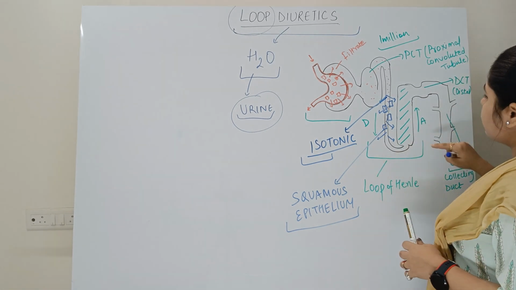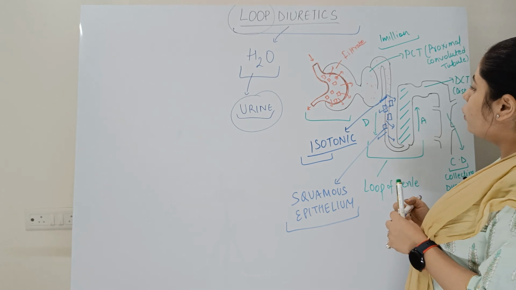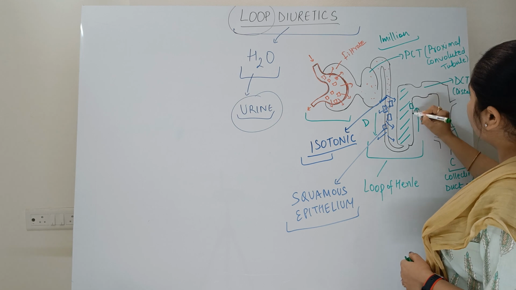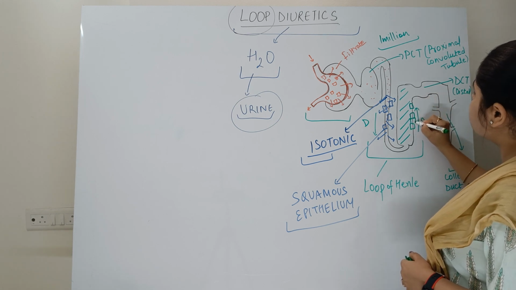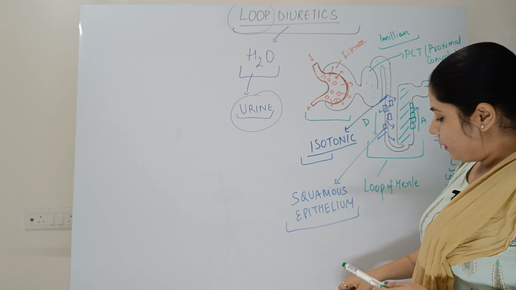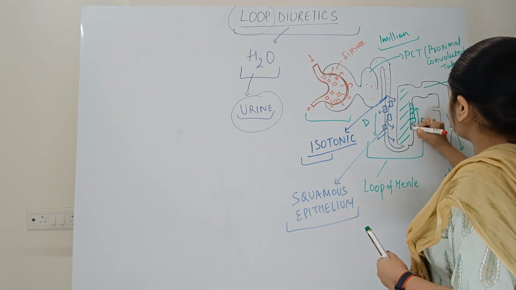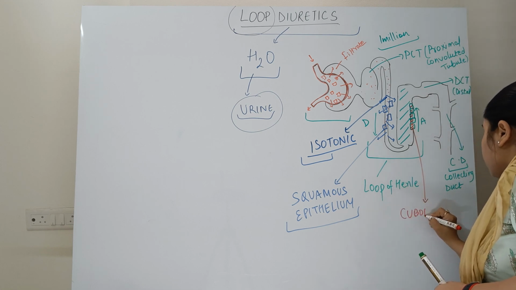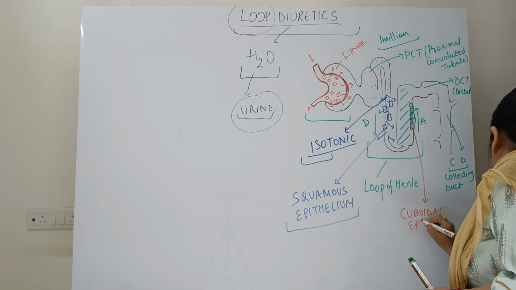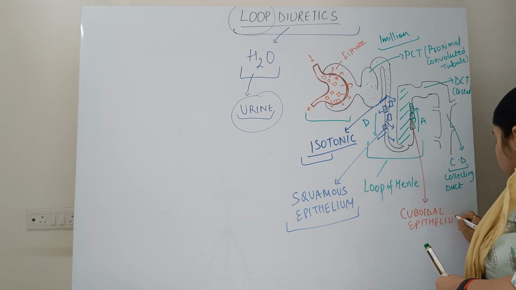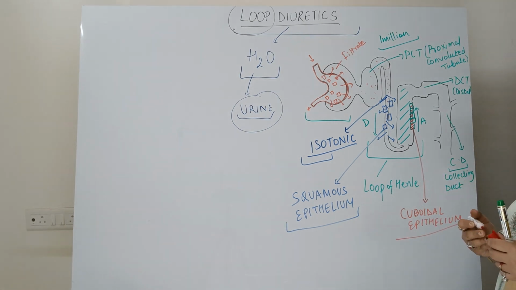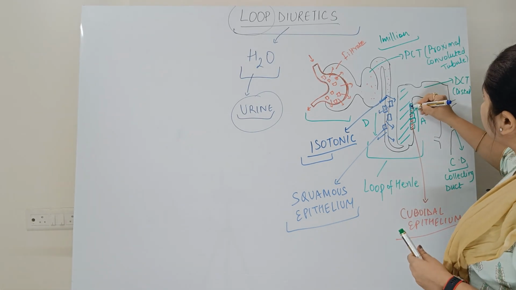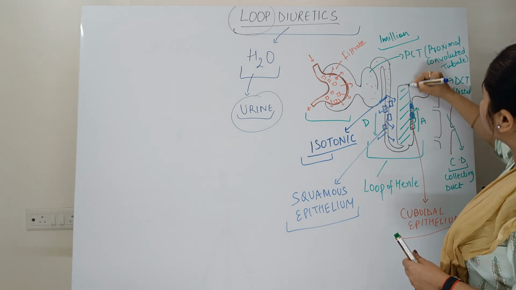And in the second region, the ascending loop of Henle, that is this thick region, what happens is that it does not allow the entry or exit of water because the cells here are very compactly present. These cells are called cuboidal epithelium. The cuboidal epithelium cells do not allow the exchange of water molecules, but we do have co-transporters present here.